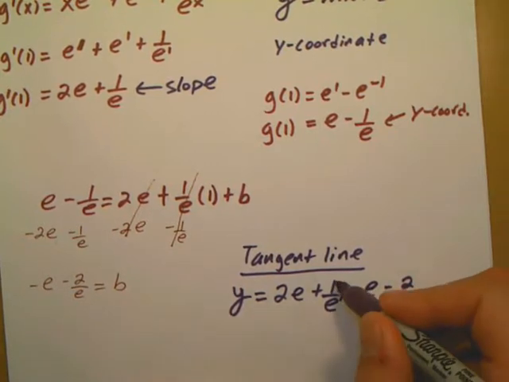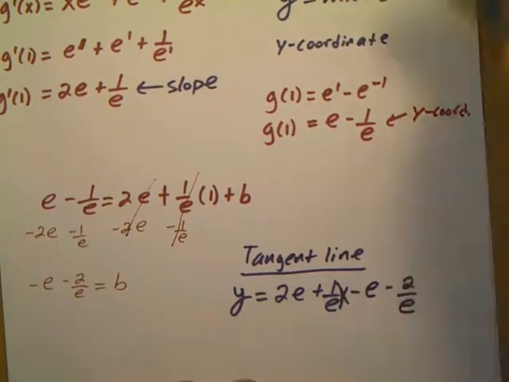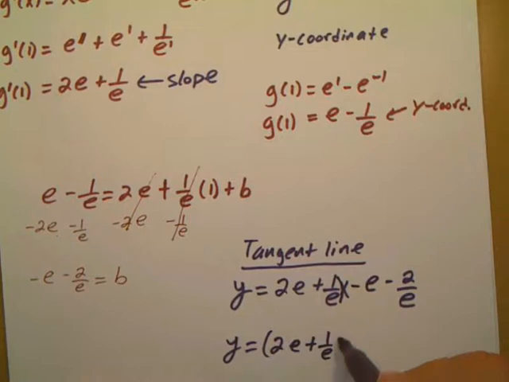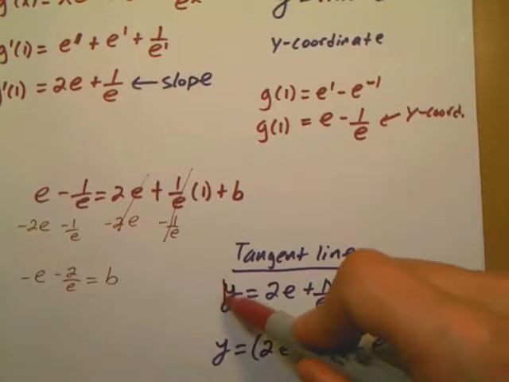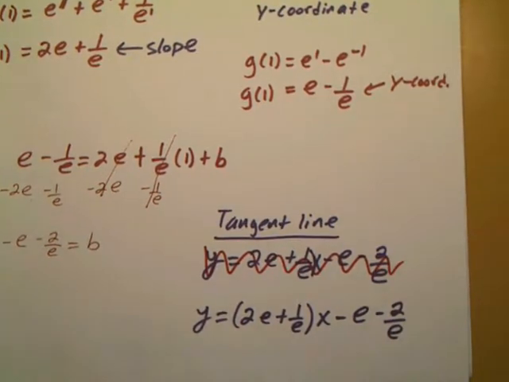And really I should put all this in parentheses, and I'm all out of whiteout, so I'll have to rewrite this as 2e plus 1 over e times x minus e minus 2 over e. I'm going to erase all this, and this is how the answer should be written. And that looks horrendous, but I'm all out of whiteout, so that's what the answer is. Moving on.